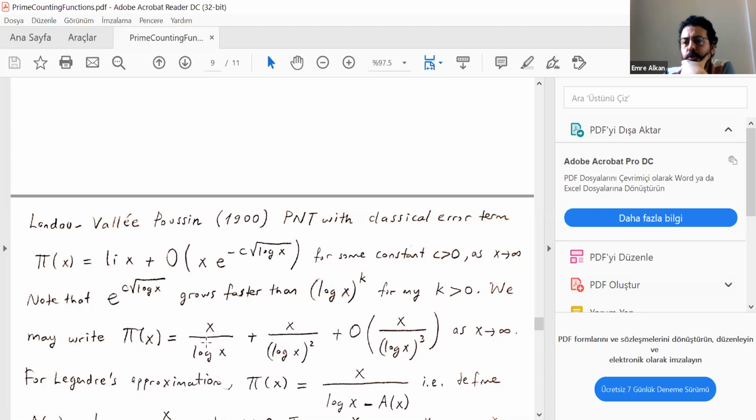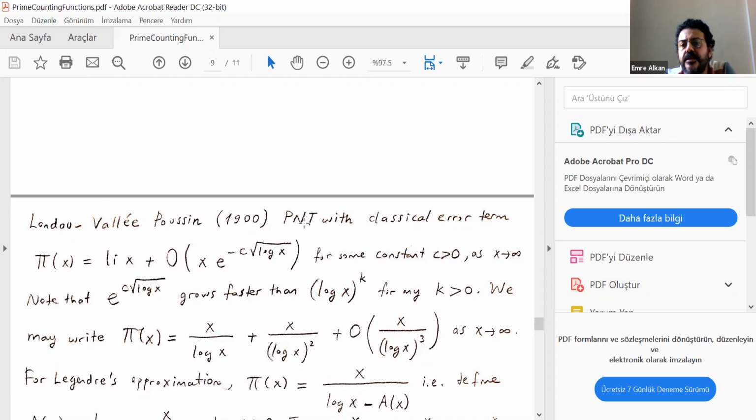Just by integrating by parts li of x, we can get this formula: pi of x is x over log x plus a secondary term, x over log x squared. Now you get an integral from 2 to x of 1 over log t cubed, because we did integration by parts. But that term is about x over log x cubed, and this error is a lot smaller than that because it beats any logarithmic power. So you can bury that into that.